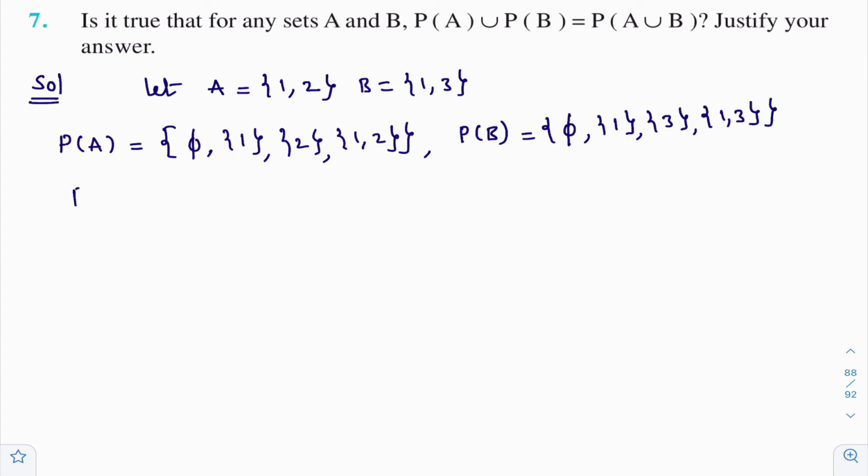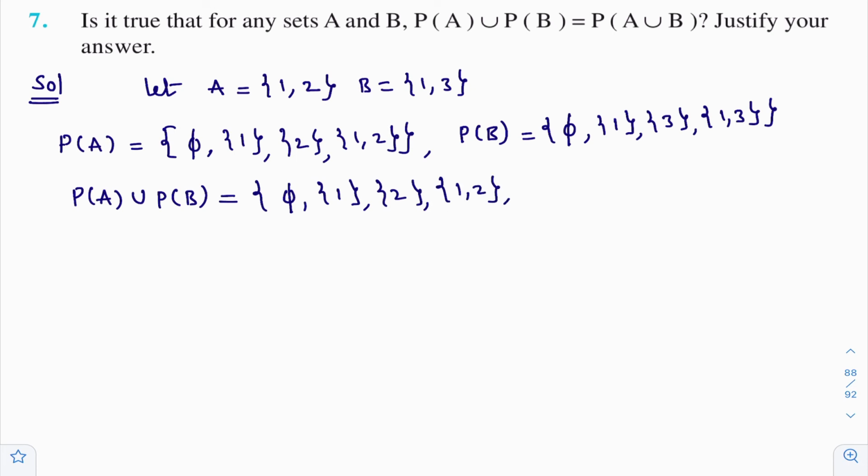Now I'll write P of A union P of B. First I'll write all these elements: the empty set and singleton set {1}, singleton set {2} and the set {1, 2}.